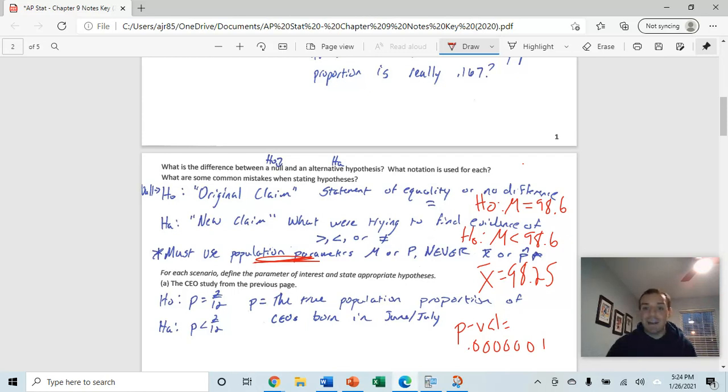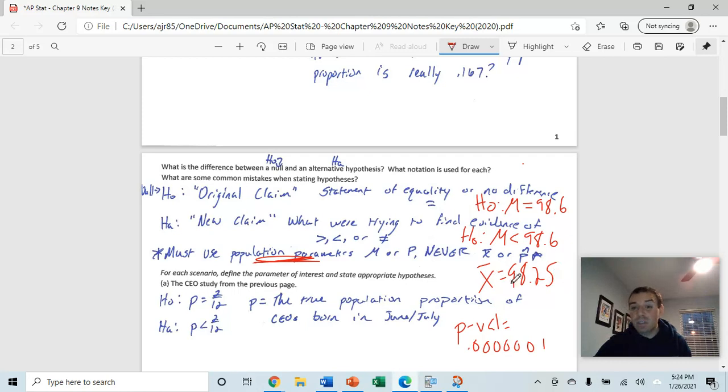And what this p-value is saying is, okay, if we assume that the actual mean is 98.6, we're assuming that the null hypothesis is true, there is a 0.000001 probability of obtaining a sample mean of 98.25 or less. Okay? That's what it's telling us.